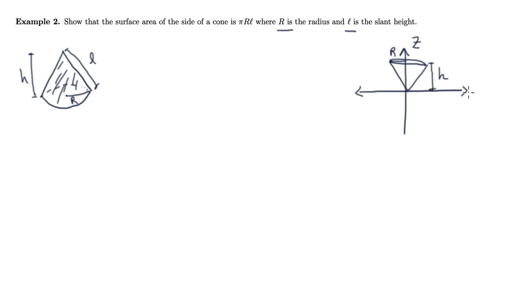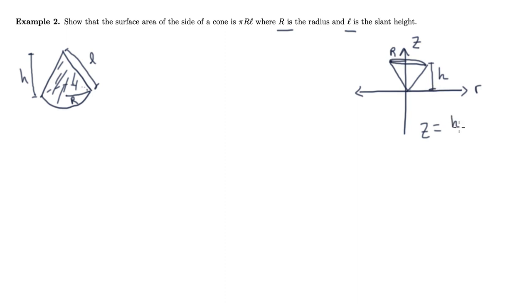But what I really want to notice is that if I call this the radius of the circle, the z-coordinate, if I look at this line, varies as a function of r by this slope h over r.